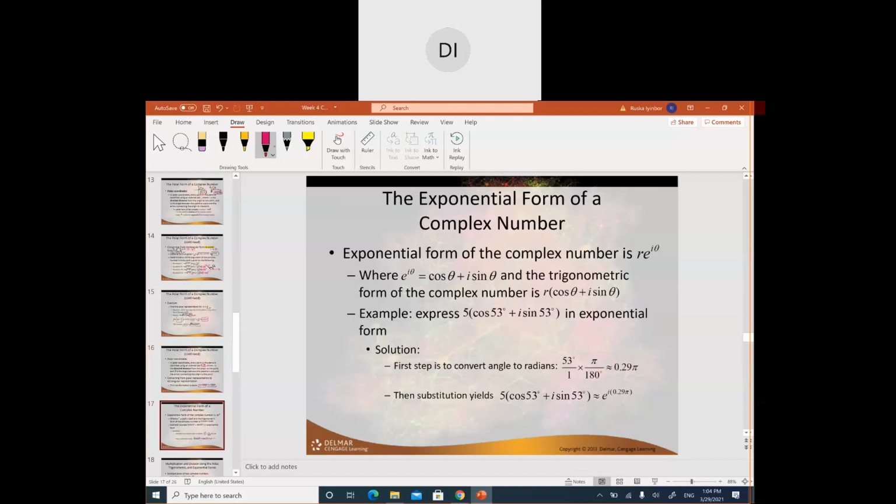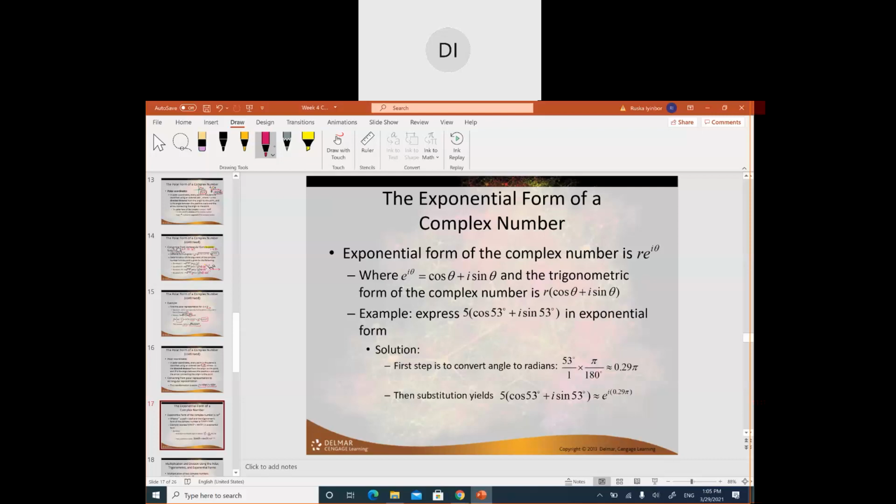The next one is going over when you have exponents. This is why you need the polar form, because when you have a number with a higher exponent, it's easier to go to polar and then do the exponent.